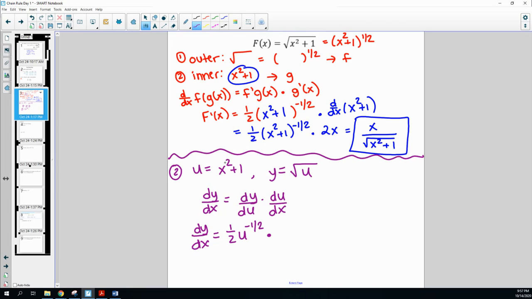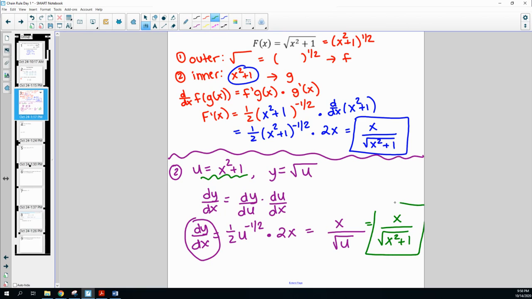The derivative of that with respect to x would be 2x. Okay, so again, I'm going to multiply the 1/2 times the 2x, so that's x. And then on the bottom, I have the square root of u. But I can't have u in my answer because I'm trying to find dy over dx, the derivative of y with respect to x. So I want to substitute back in my u. So u is x squared plus 1. So I'm really going to have x over the square root of x squared plus 1.